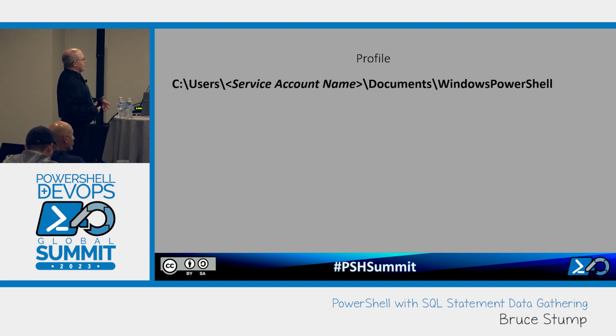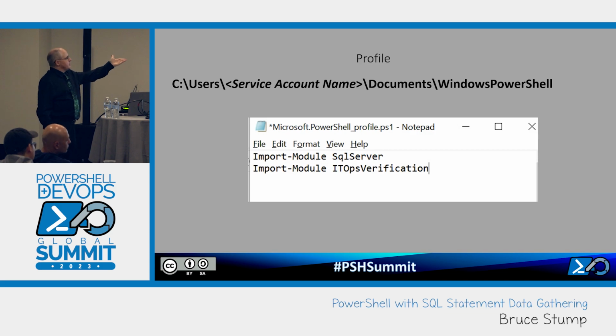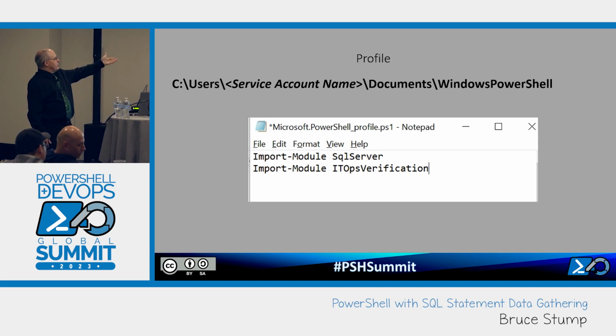So you have to be aware of that. If you're using PowerShell 7.3 or 7.x, then the profile folder will be just PowerShell. In your profile is where you would put your imports. That way, when the process logs in, those modules will already be available to you.